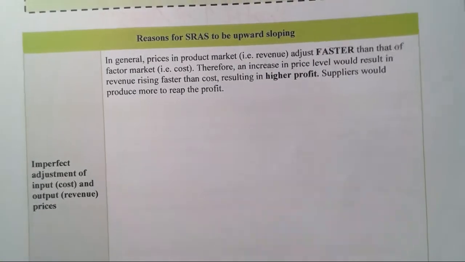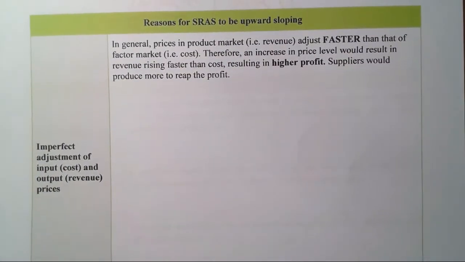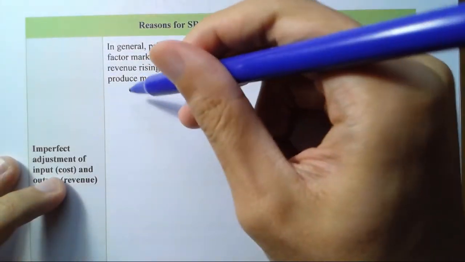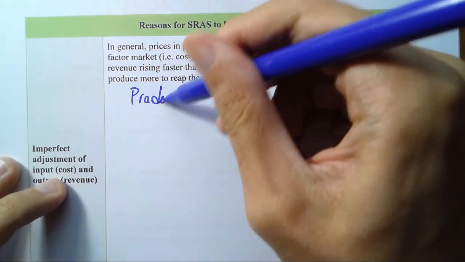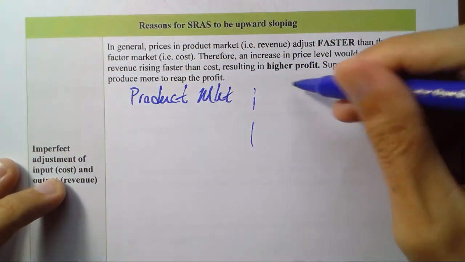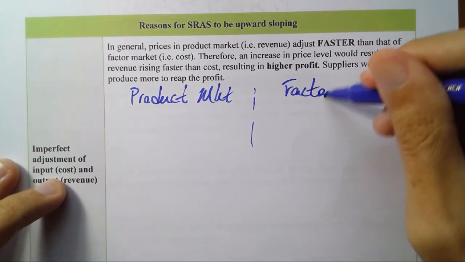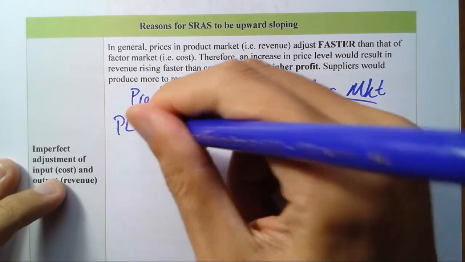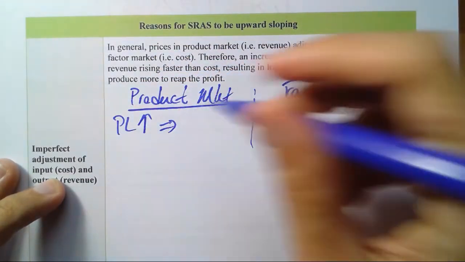OK 係嘛？應該畫呢度啊，傻咗啊，sorry 啊，let's do it again. Kind of like this. This is a product market. This is a factor market. Now usually what happens? Price level increases.